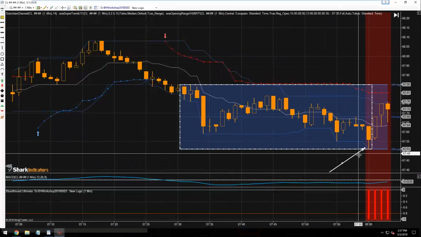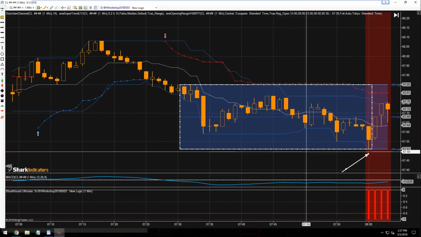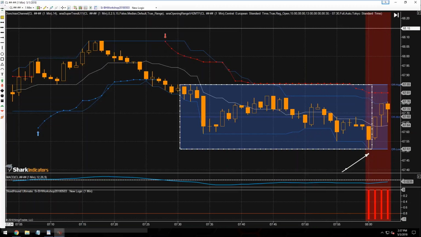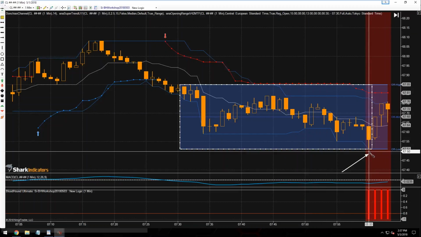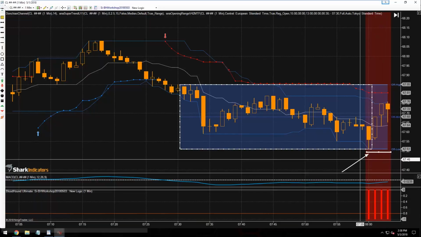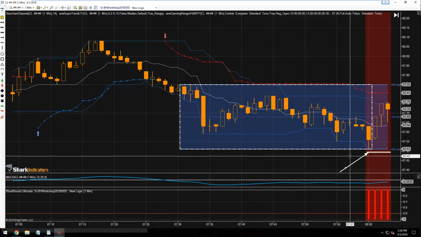Bingo. All right, so now on this last bar, the range has had time to develop. So there we go. Now on this last bar, the short stop entry order can get placed.